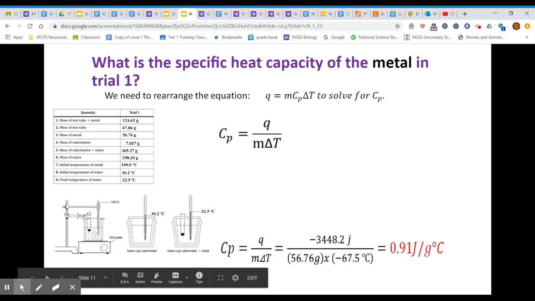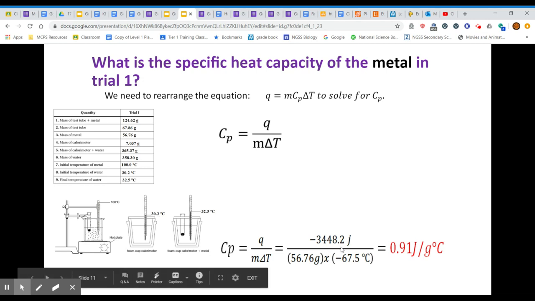That is the change in temperature of the metal. And we get the value for the Cp equal to 0.91 joules per gram degree Celsius.